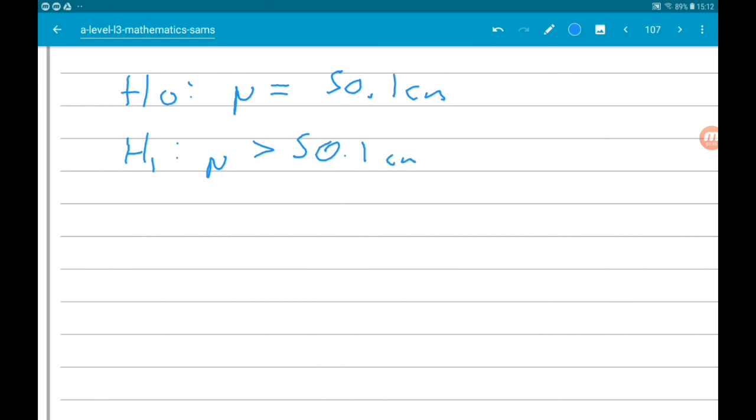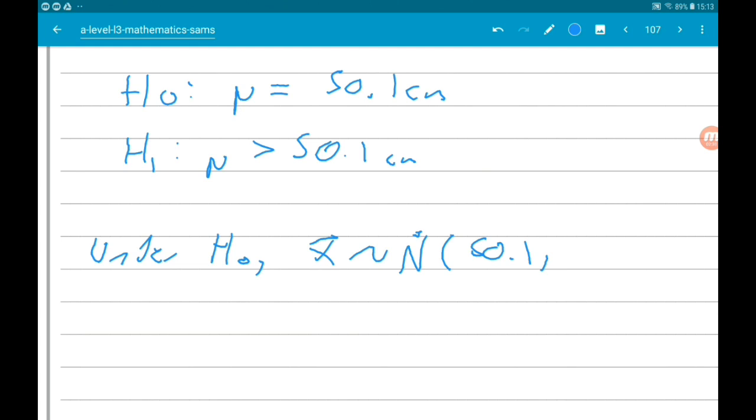Now, under H0, x bar is normally distributed with mu of 50.1. Now the variance when we're doing the samples, remember, is standard deviation squared over n.